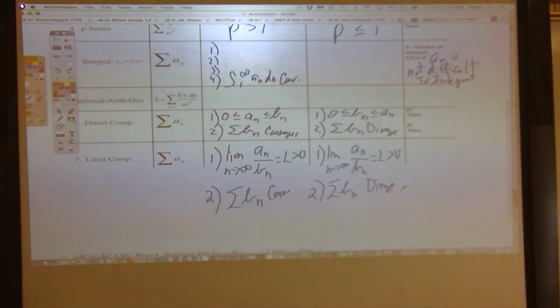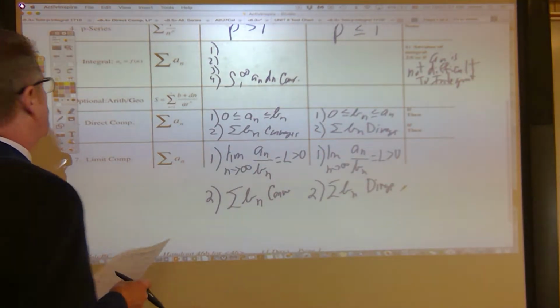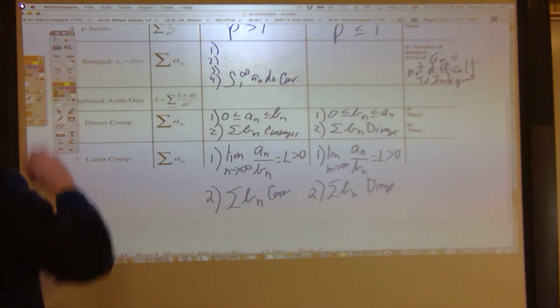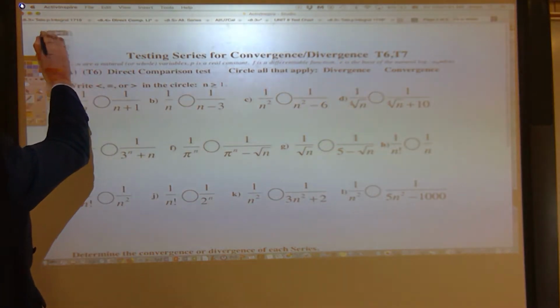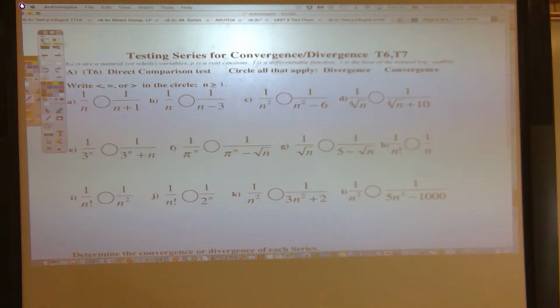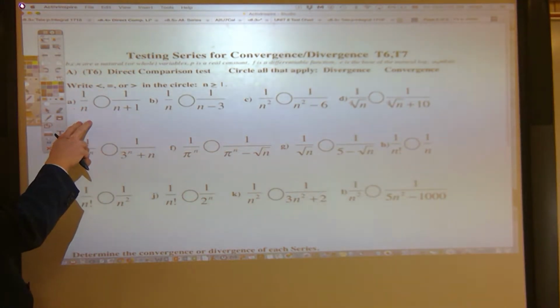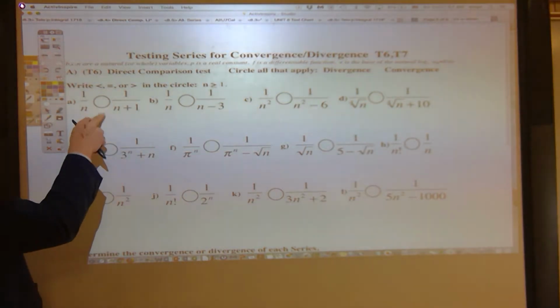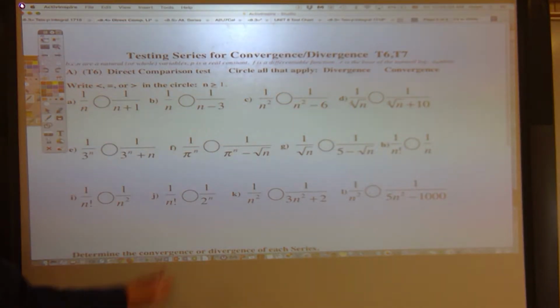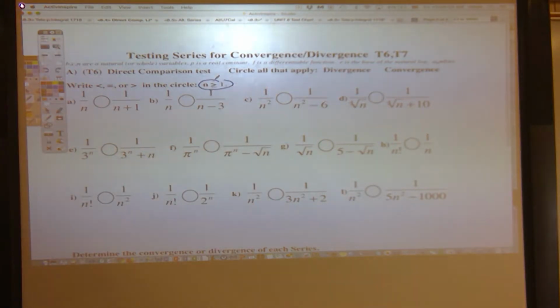In preparation for the direct comparison test, you need some practice in finding out whether two functions compare with a greater than symbol or with a less than symbol. If you have to ignore a finite number of terms at the beginning to get it to work, that's fine. For example, what's happening with the comparison between 1 over n and 1 over n plus 1, for all n values greater than or equal to 1?